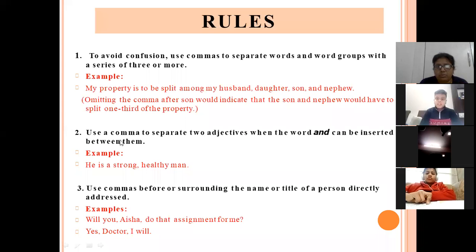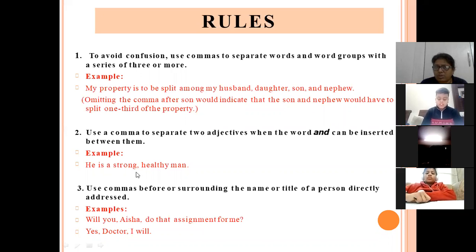Next is use a comma to separate two adjectives when the word and can be inserted between them. This sentence is written like he is a strong, comma, healthy man. This came in your PA2 paper also.